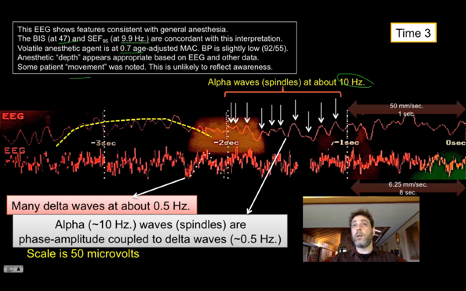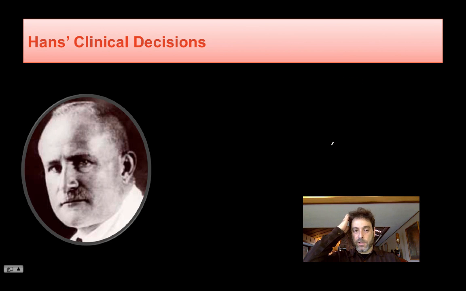With physiological sleep, you tend to get more of the sigma spindles and maybe the higher frequency alpha spindles. Certainly theta spindles and lower frequency alpha spindles are less usual with physiological sleep. But I have to say that it can be very tricky to distinguish sleep from general anesthesia, absent things like burst suppression and persistent suppression, and it takes a lot of finesse and experience to appreciate those differences.